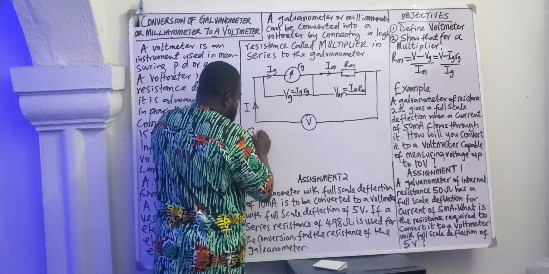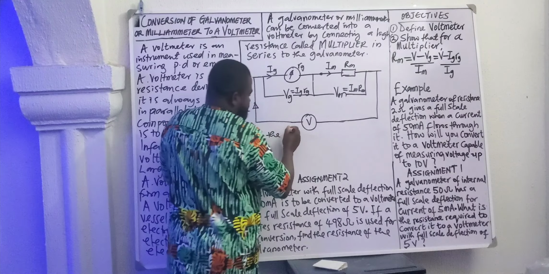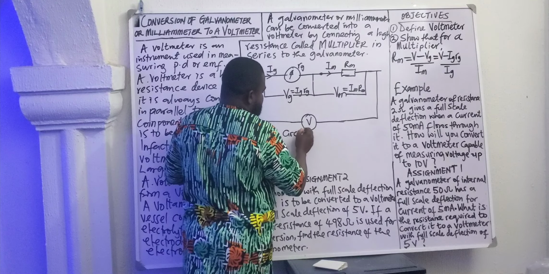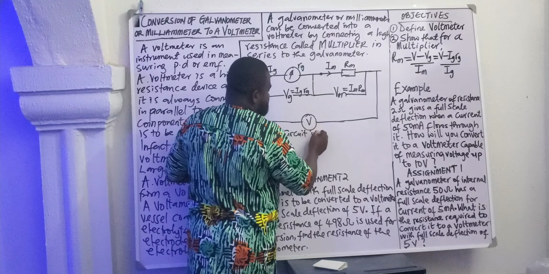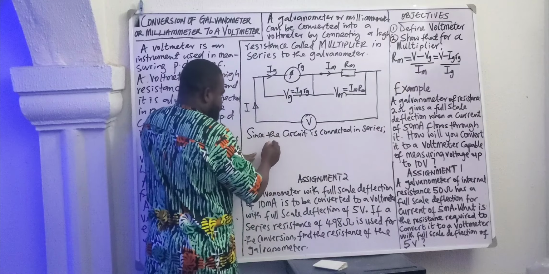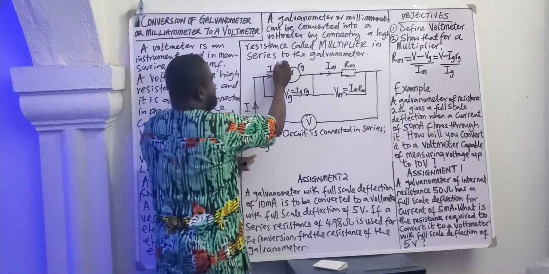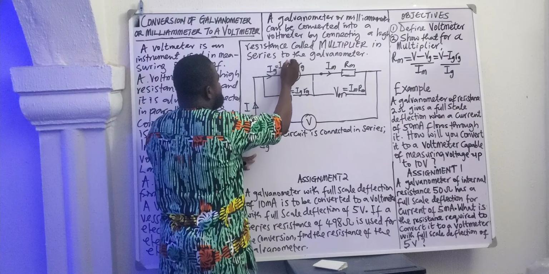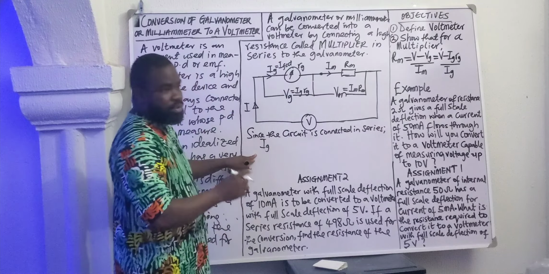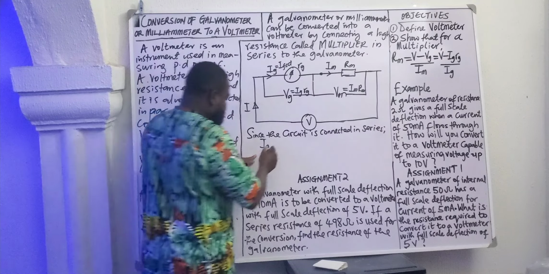I say since the circuit is connected in series, then Ig, the current flowing through the galvanometer, sometimes they will tell you it is the full scale deflection current through the galvanometer, is the same thing as Im, the current going through the multiplier.